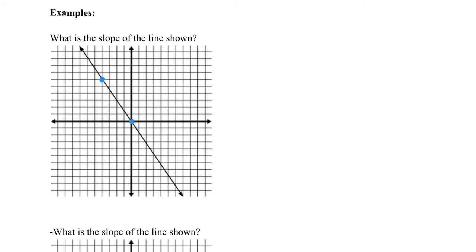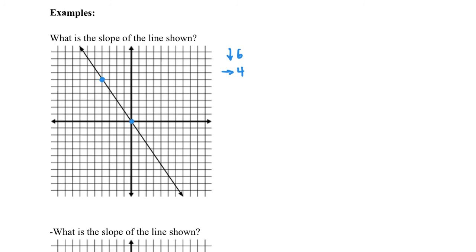So the first thing I'm going to do is go down. I would have to go down 1, 2, 3, 4, 5, 6. I would have to go down 6, and then from there I would have to go to the right 1, 2, 3, 4. I would have to go to the right 4. And now I'm going to put that into a fraction.